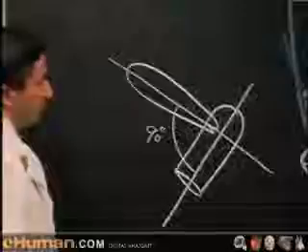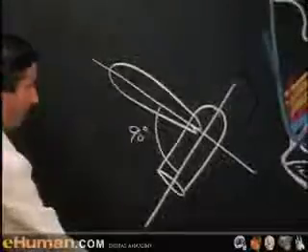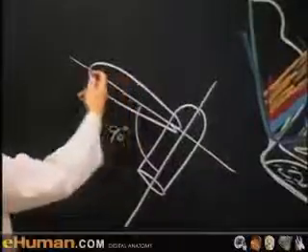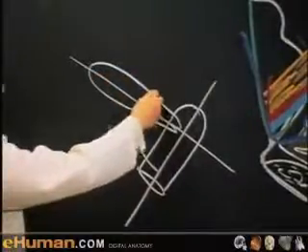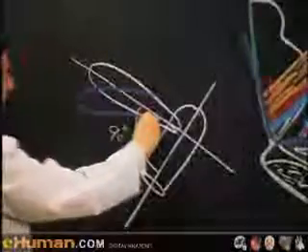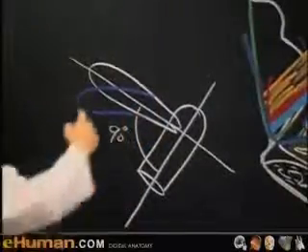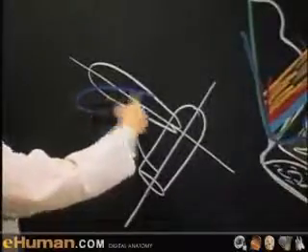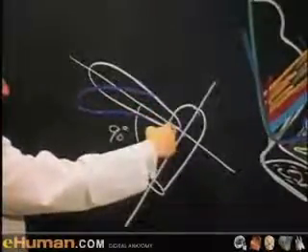Now, if we look at the uterus more carefully, we see, in fact, that the fundus and body of the uterus is bent forwards on the neck, so that the long axis of the fundus and body of the uterus is at an angle on the cervix.